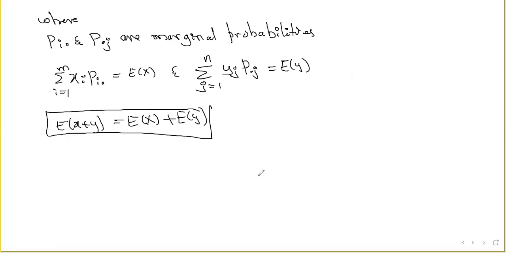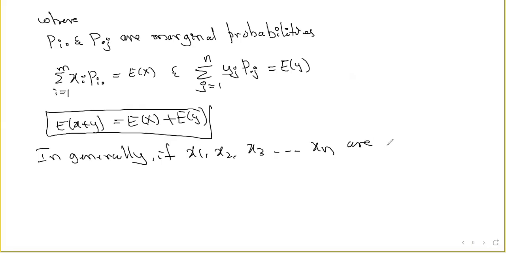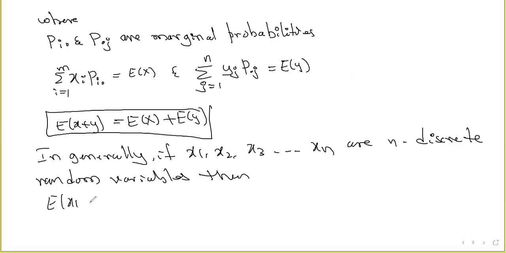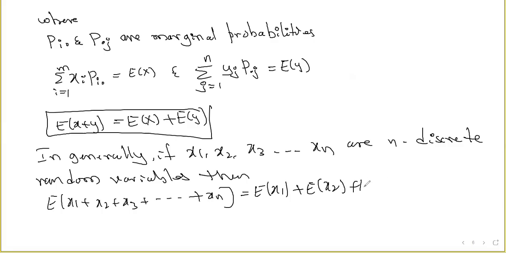This theorem is called the addition theorem of expectation, and not only for x and y, in general, if x1, x2, x3 and so on up to xn are n discrete random variables, then expected value of x1 plus x2 plus x3 and so on up to xn is equal to the sum of their individual expectations, expected value of x1 plus expected value of x2 and so on up to expected value of xn.